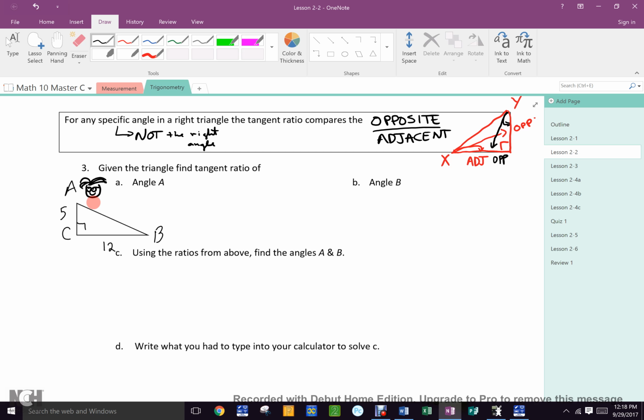So if I want the tangent of A, I know that tangent is opposite over adjacent, yes? So when I am up here, what is opposite to me? 12, because I look across the triangle. What is beside me that isn't the hypotenuse? 5. Everybody cool? Super easy, right?